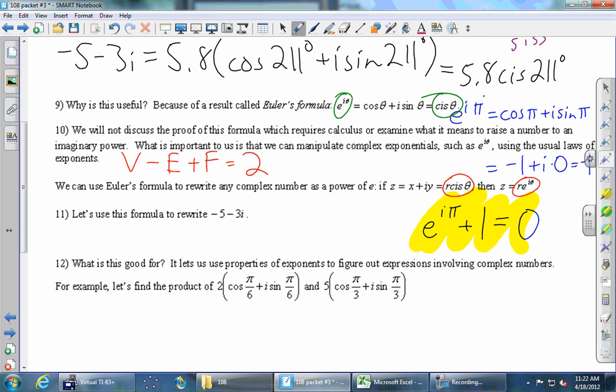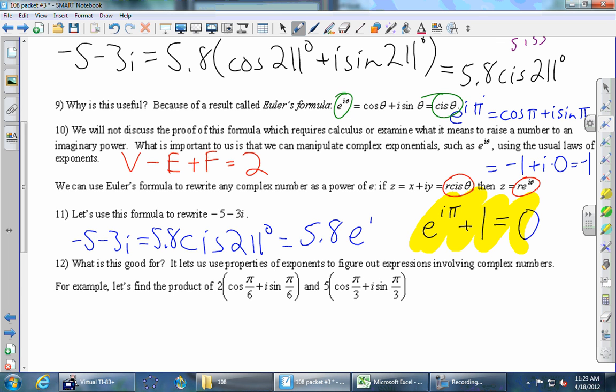Okay, so then let's come down here to our favorite -5 minus 3i again. What did we decide this was equal to up above? -5 minus 3i was really equal to 5.8 cis 211, right? That's what we wrote up above. Now we're going to write this in a slightly different way. Our new favorite version of complex numbers is r e to the i theta. What's r? Still 5.8. e is e, i is i. What is theta? 211.